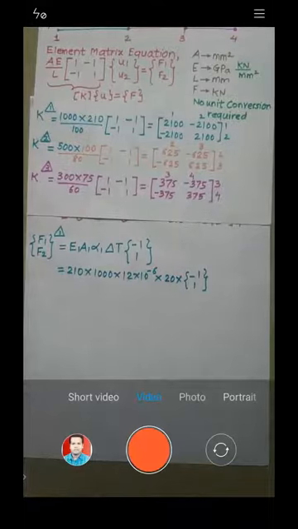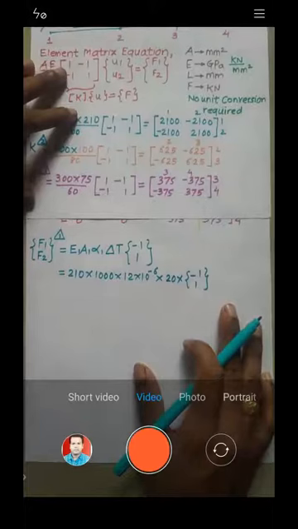Just calculate this value. How much is it coming?